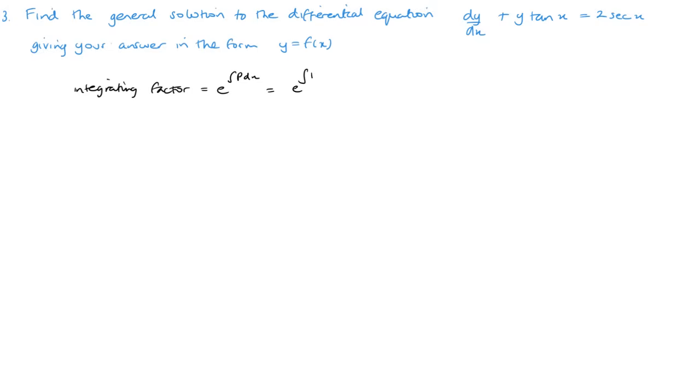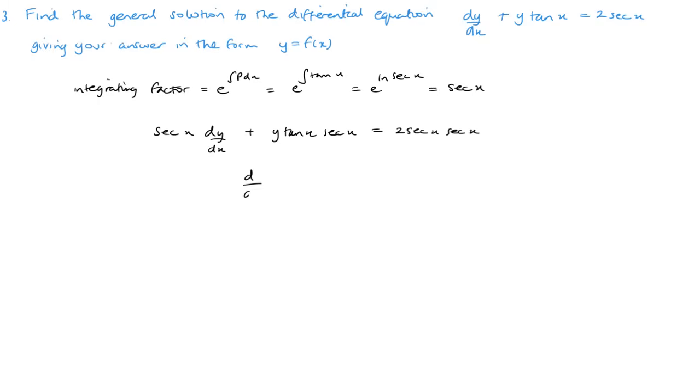So I'm integrating tan x, which is e to the ln sec x, which is going to be sec x. So that means our equation becomes sec x dy by dx plus y tan x sec x equals 2 sec x sec x.